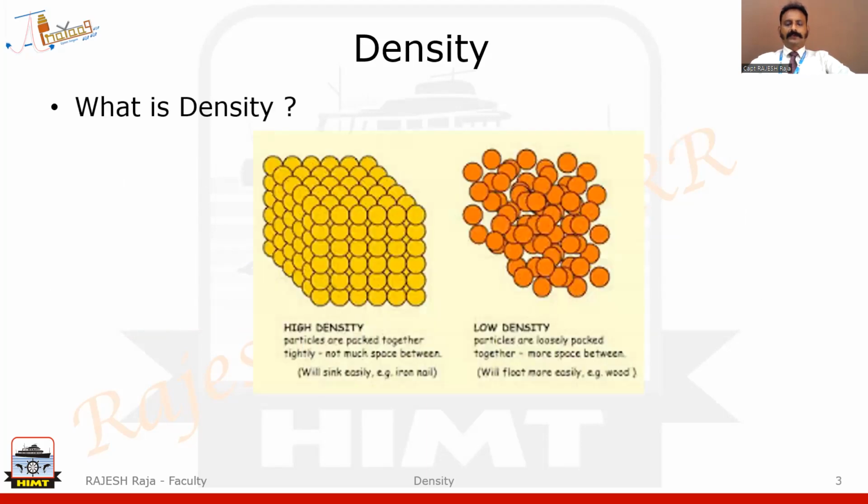I've given you two pictures. It is very evident in this picture: the left side picture is showing you some molecules arranged in a particular pattern, and the right side picture shows a pattern which is not very even and more loosely arranged.